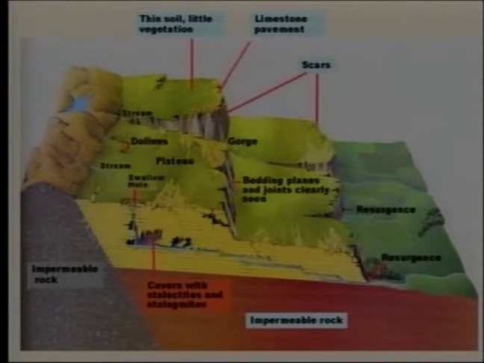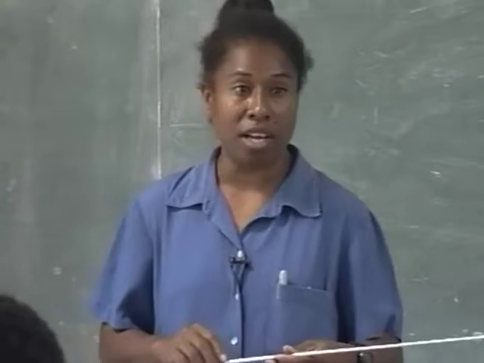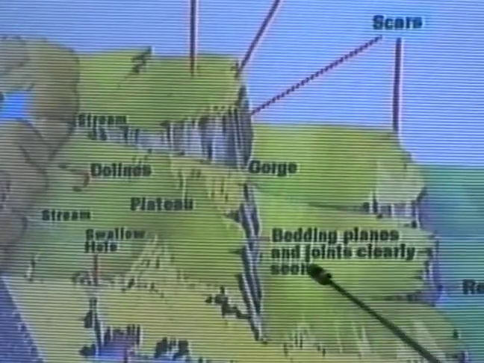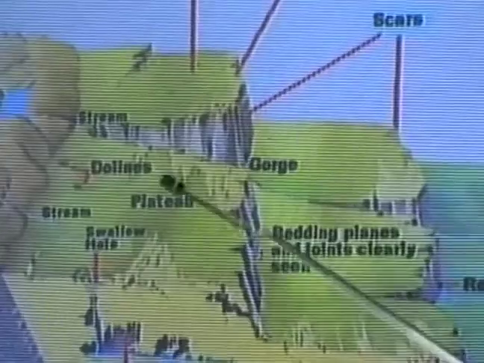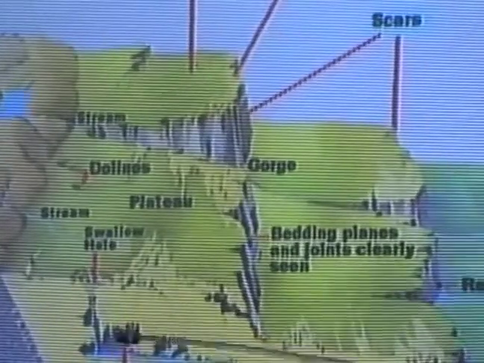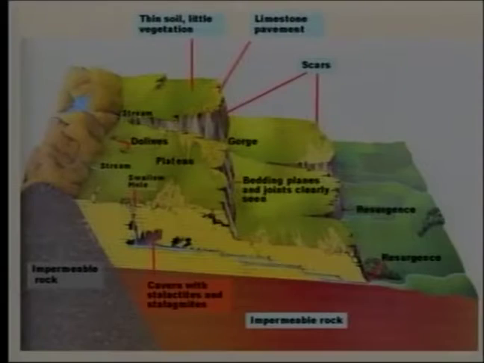When I make reference to surface runoff, I am looking at rivers, streams and lakes. In this type of scenery it's difficult to find them on the surface, because most of the water that falls here will be dissolved underground. It will not remain on the surface. So that's one of the many characteristics of a karst scenery.